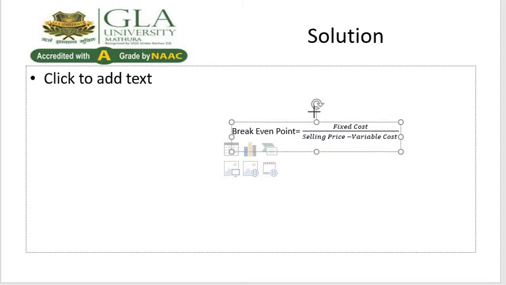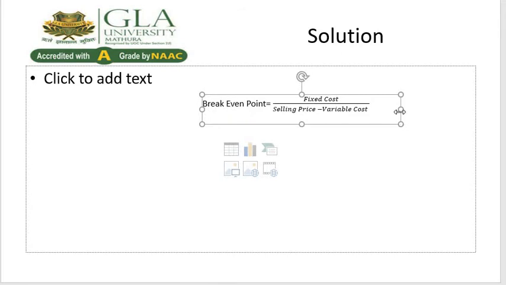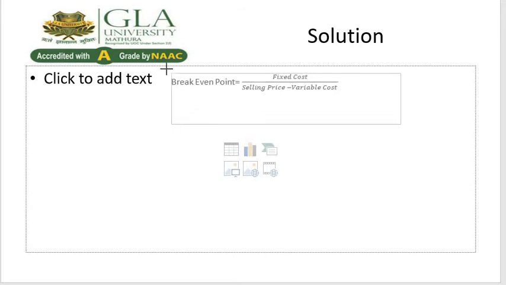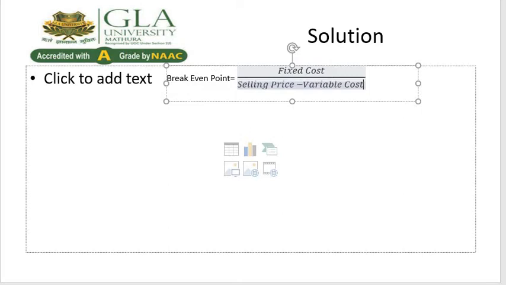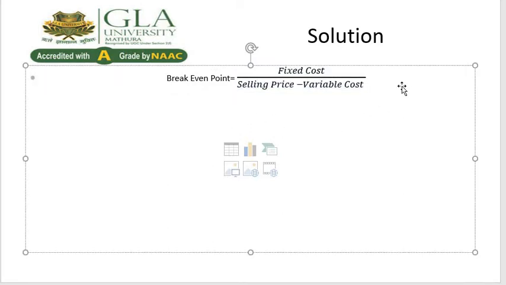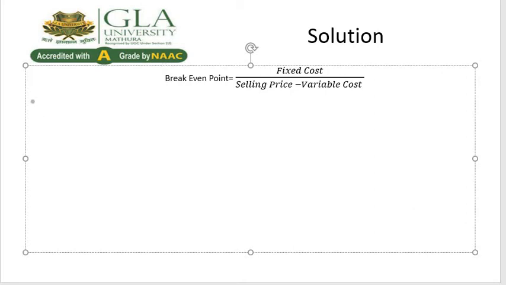That is our formula. Fixed cost upon selling price minus variable cost. Now we know our break even point is 5,000 units, that is given.